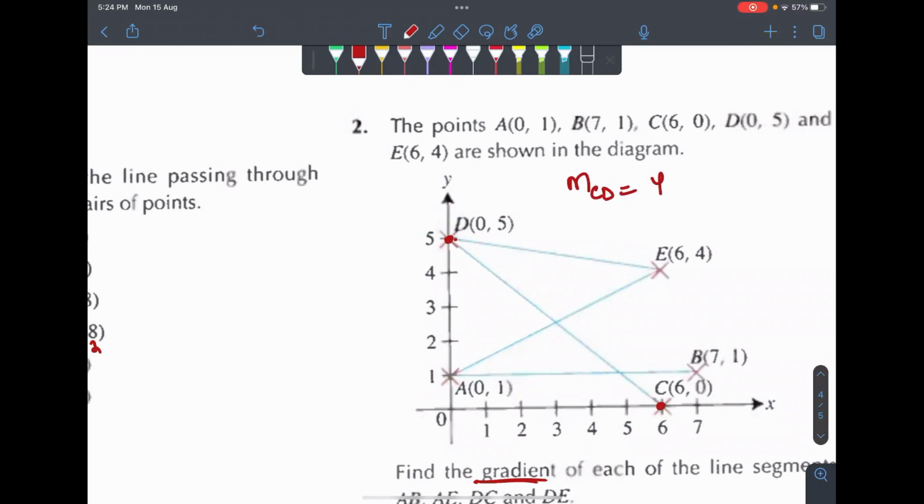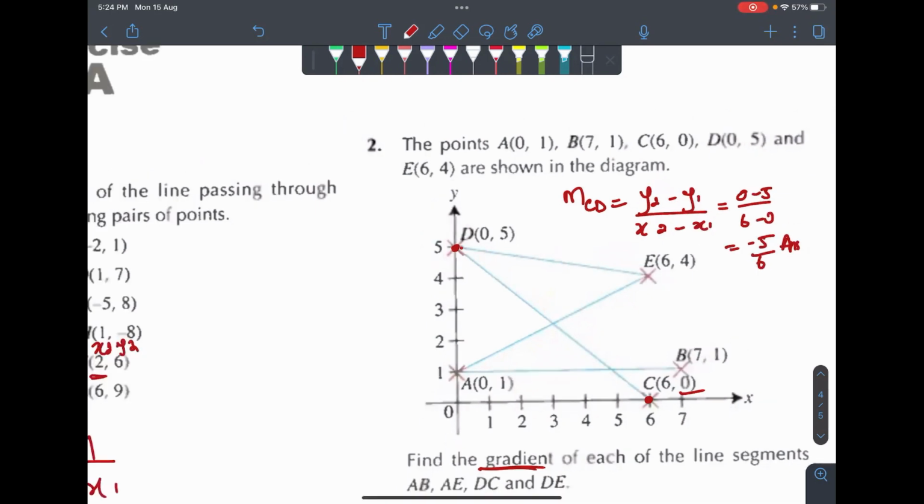Formula is y2 minus y1 upon x2 minus x1, which is 0 minus 5 upon 6 minus 0, and I have negative 5 upon 6. That's the answer.